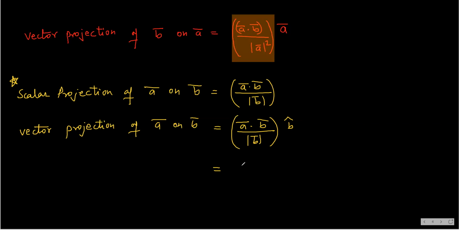So the next step, the denominator will become mod B bar square, and in the numerator you will have A bar dot B bar times B bar. This is the vector projection of A bar on B bar. I hope you have understood the projection of one vector on the other vector. We can repeat this whole thing once again. Watch the whole thing.